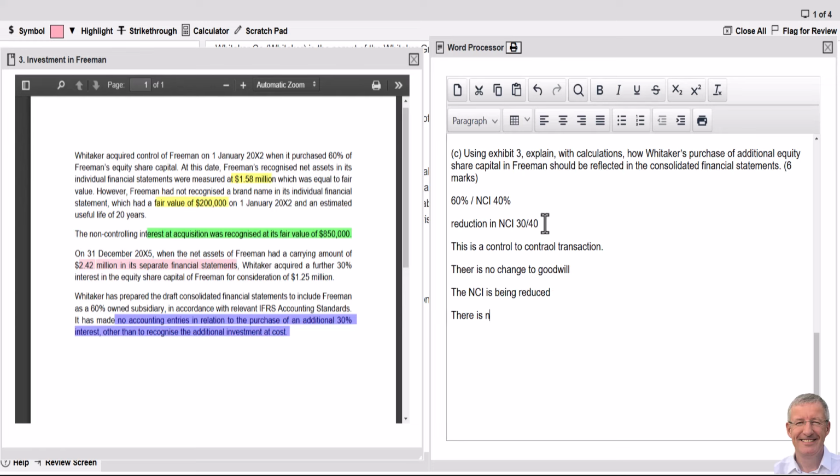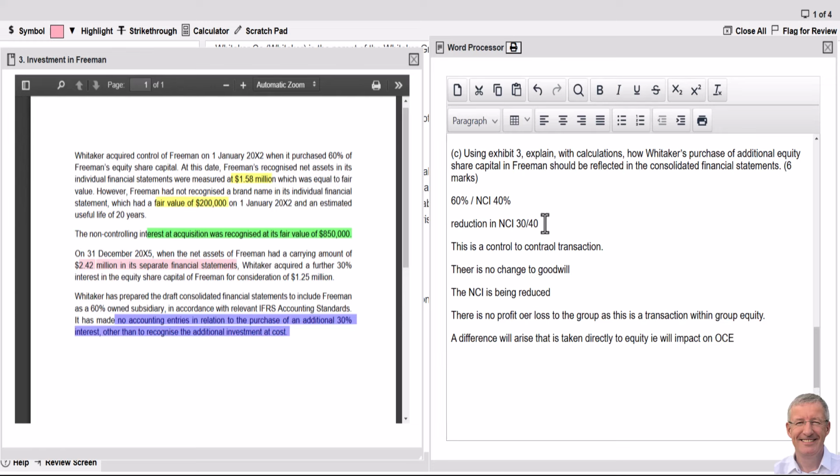There is no profit or loss to the group, as this is a transaction within group equity. A difference will arise that is taken directly to equity, i.e. will impact on other components of equity.